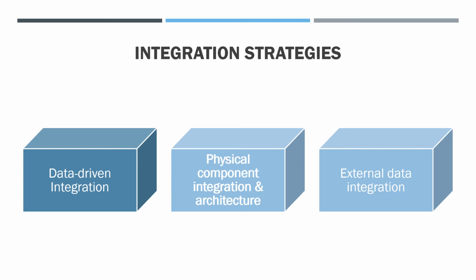And the second step is the physical architecture implementation, which is the physical components integration architecture. So we want to design the integration between these two, the data warehouse and big data. So what we need to do is the data-driven part, and then we go to the physical components. Let's start with the data-driven integration first.